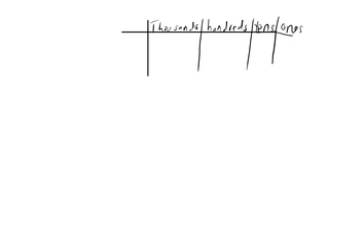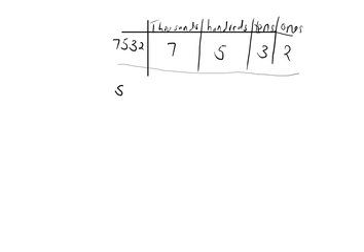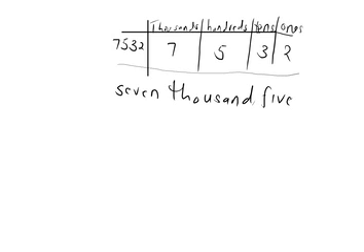Our number is 7,532. So this is 7, 5, 3, and 2. So to write this number in words, we'll have 7,000 because it is in thousands, 500, and 32.